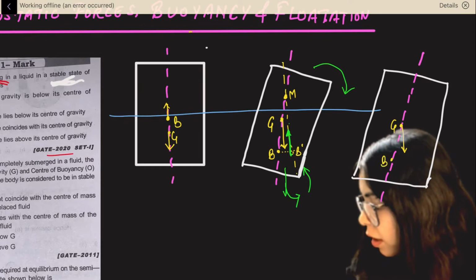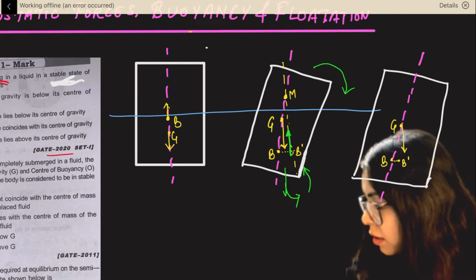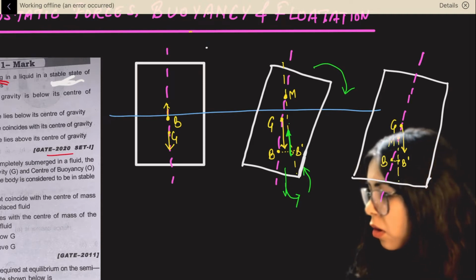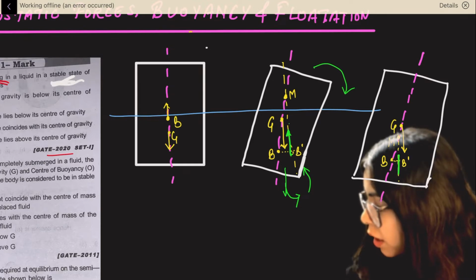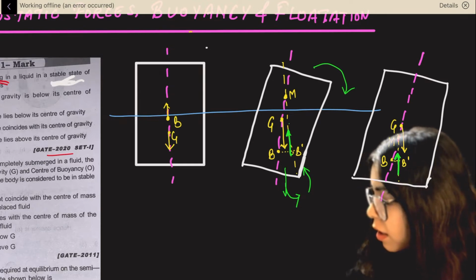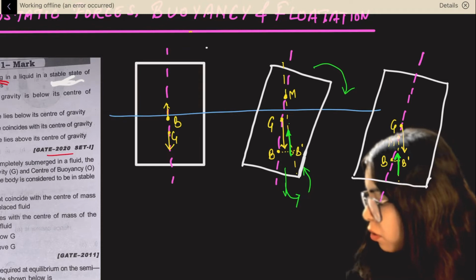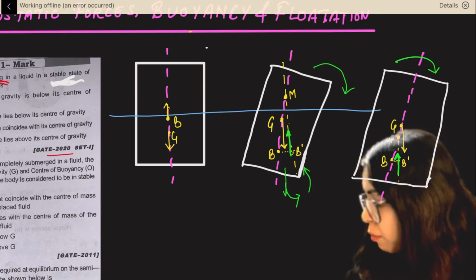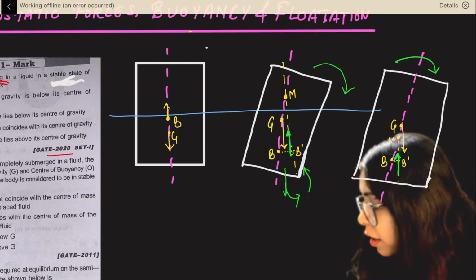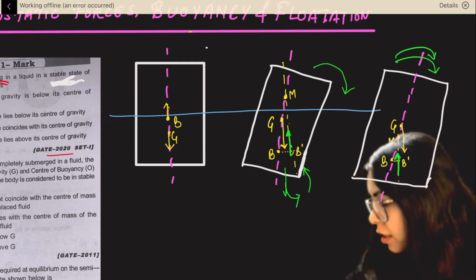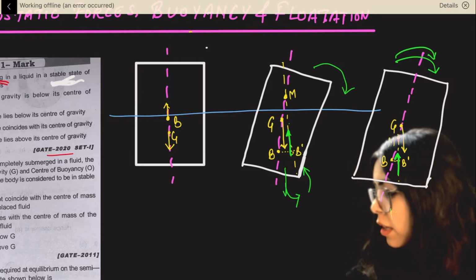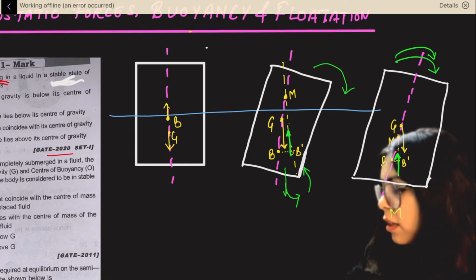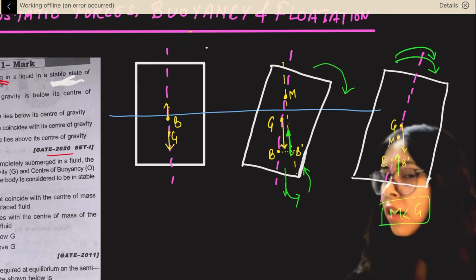Buoyancy was somewhere here. If the buoyancy comes to B dash, the point where it meets the center line is the metacenter M. Now the buoyancy is working like this. The center of gravity is trying to tilt the body like this, and the buoyancy going upward is also helping the body tilt like this. That means when the metacenter is below the center of gravity, it is unstable.